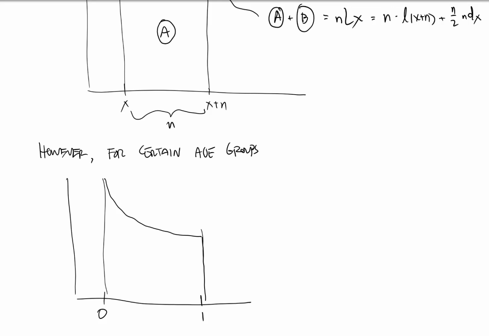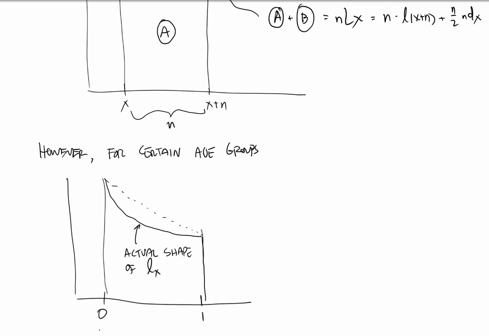I guess maybe I'll put in this is the straight line, but this is the actual shape of nLx between ages 0 and 1. So for young babies, you know that deaths occur much closer to the birth. So the nLx curve for babies and for young kids happens faster.